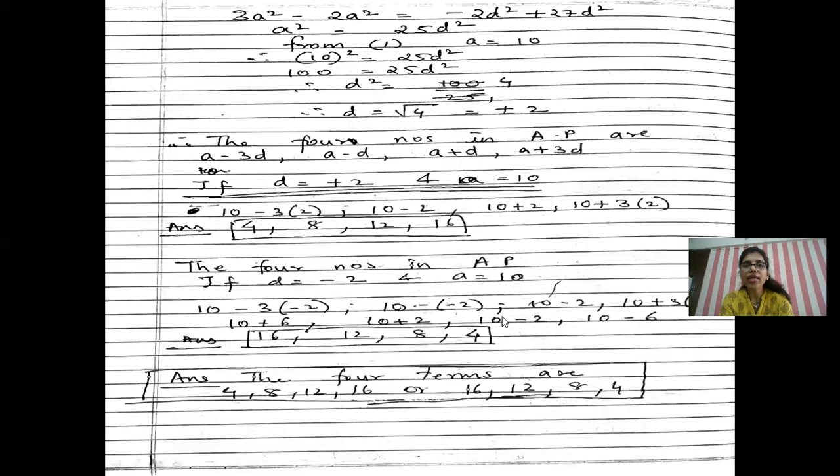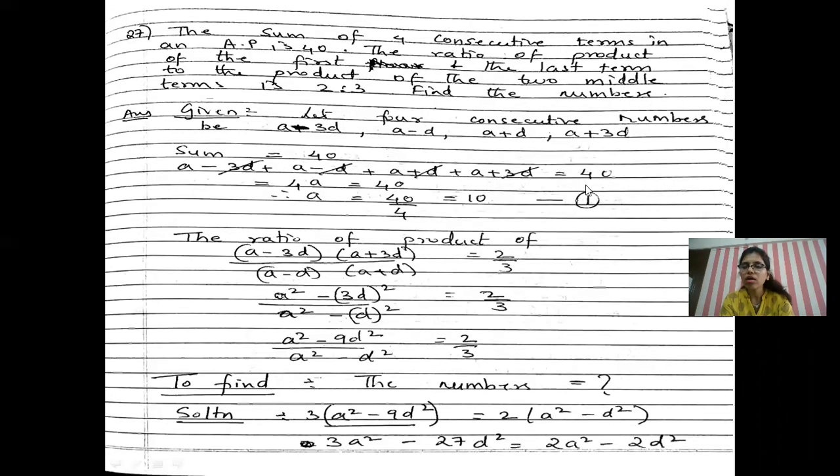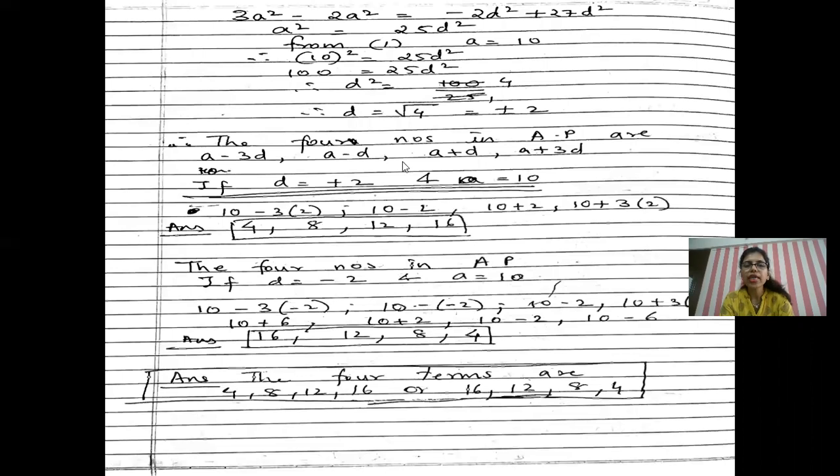So we get 3A square minus 2A square, which is A square, is equal to 27D square minus 2D square, which is 25D square.